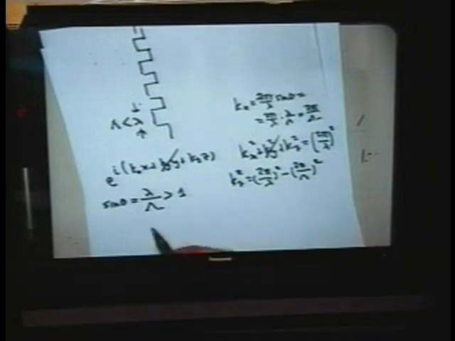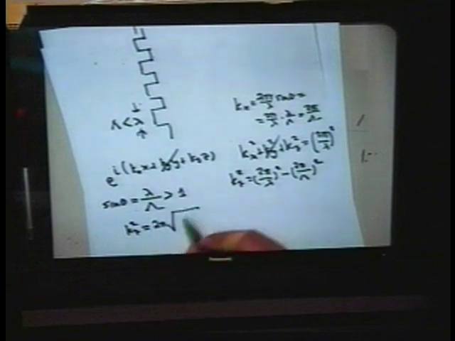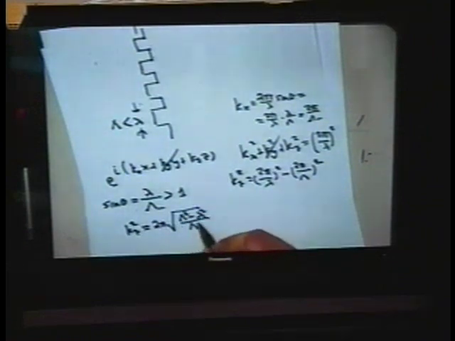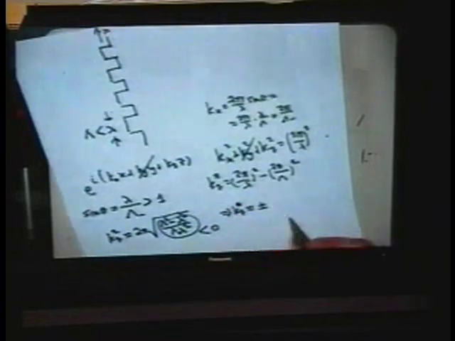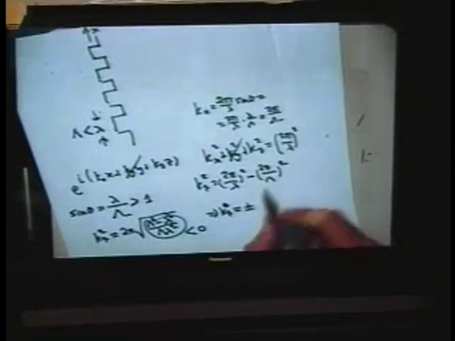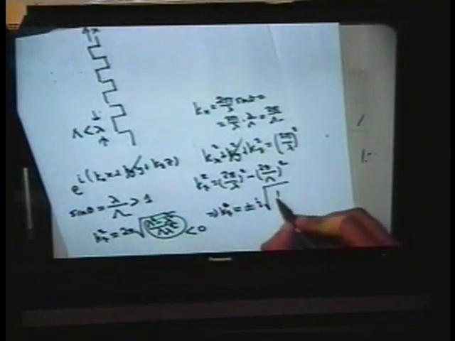If I do that now, I will get that kz squared equals 2 pi, and the quantity inside the square root is less than 0. So kz becomes imaginary, plus or minus i times the square root of something positive.